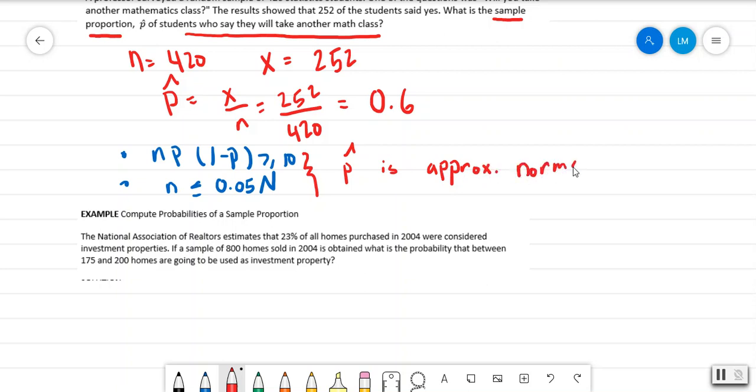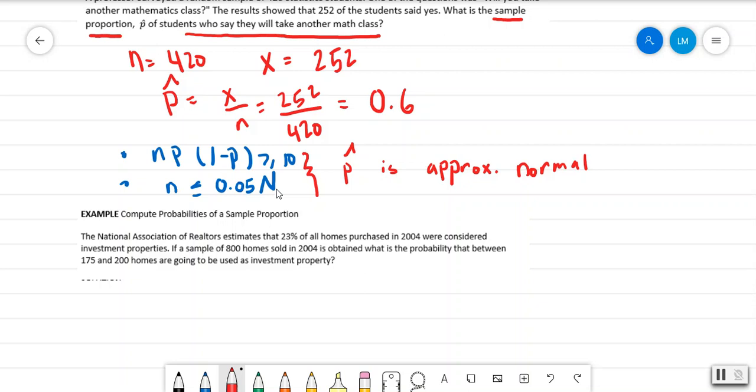Now, one way that I interpret this 5% of N is that in order to have a statistically significant study, you usually have to take a large enough sample size in order to make a type of inference from the statistics for the parameters.